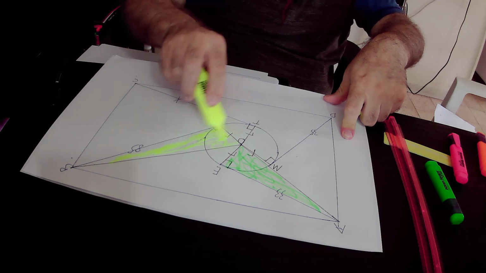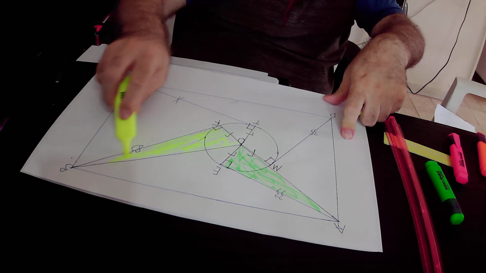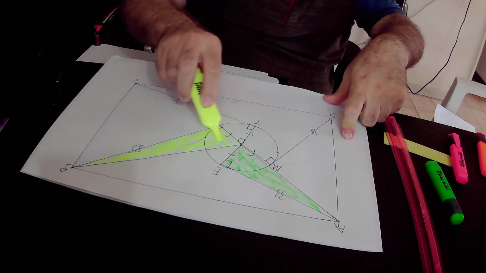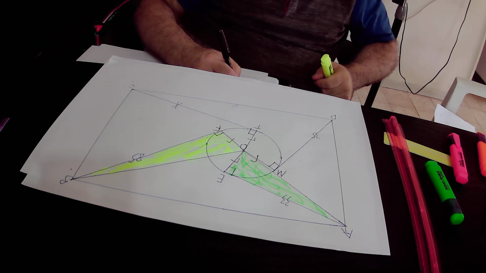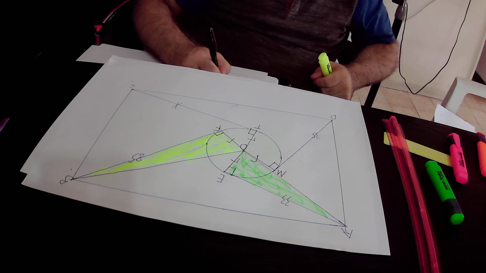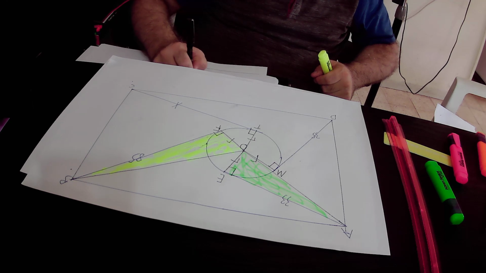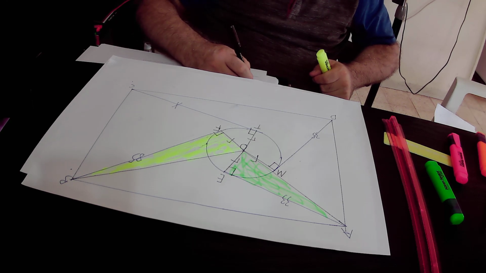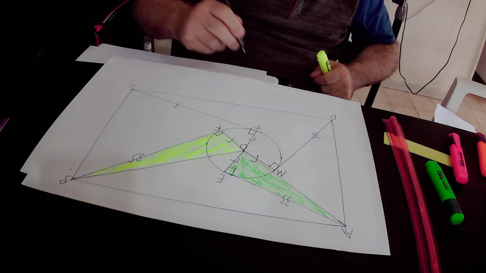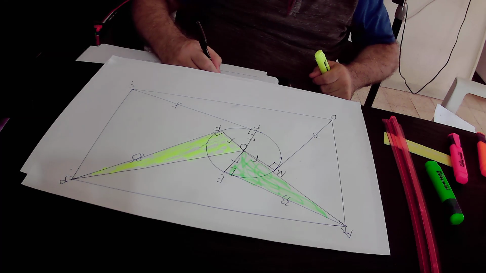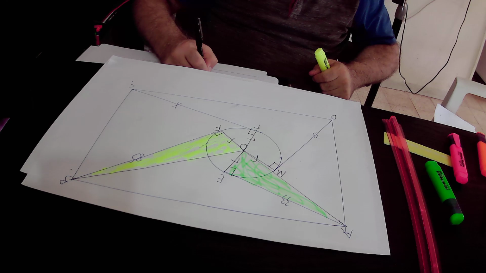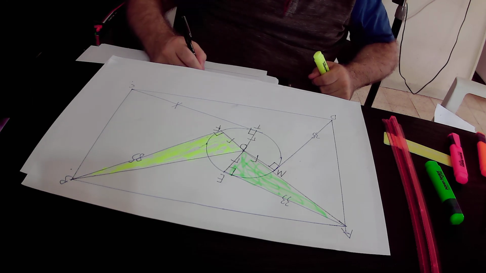On the right yellow triangle, triangle OFB, by PT, BO squared equals OF squared plus FB squared.